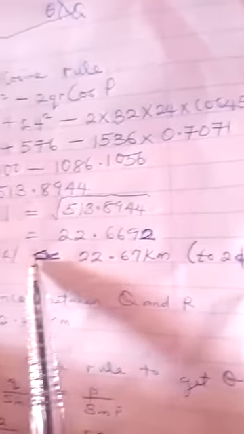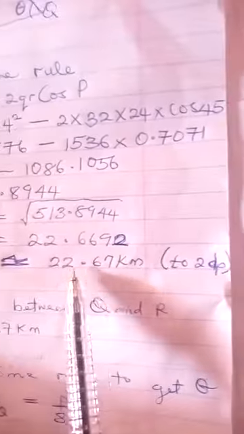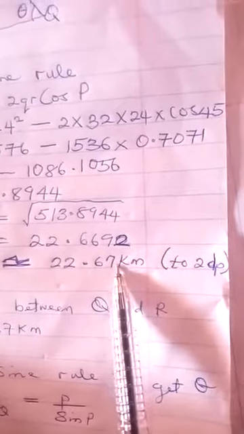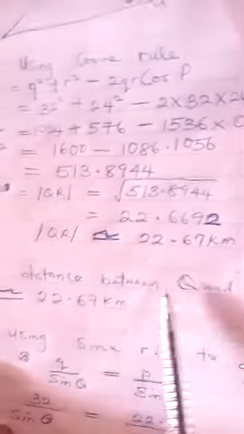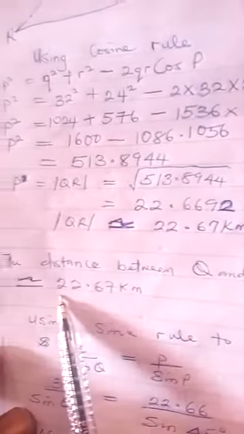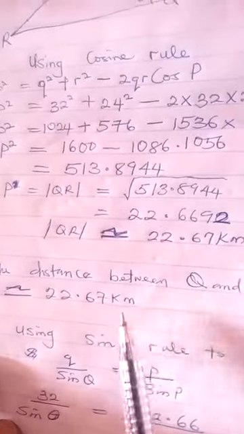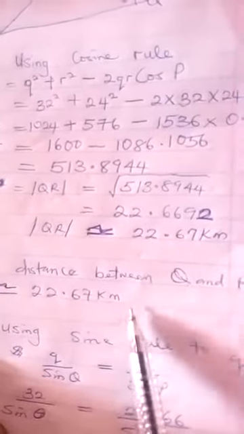So that is why we approximate this value to 22.67. The distance between Q and R is approximated to 22.67 kilometers as we have it here. It is very important to approximate it like that.